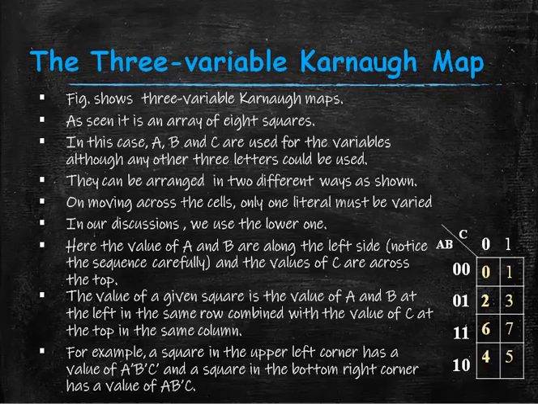And the bottom right corner is the position of 5, that is A, B bar, C. The position of 6 is A, B, C bar. The position of 4 is A, B bar, C bar.